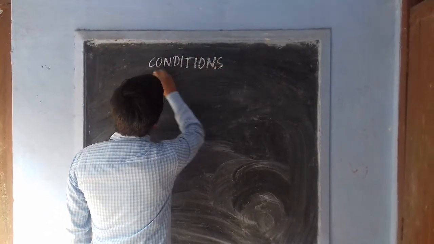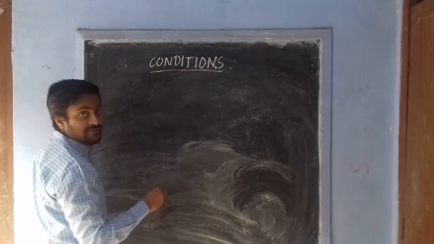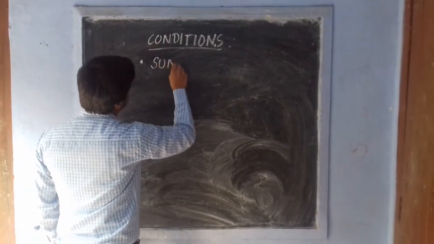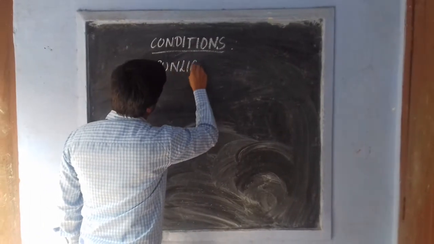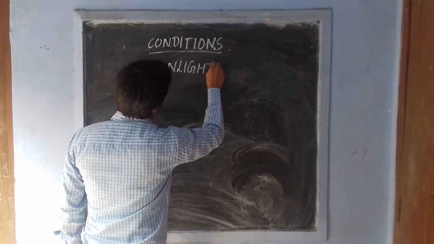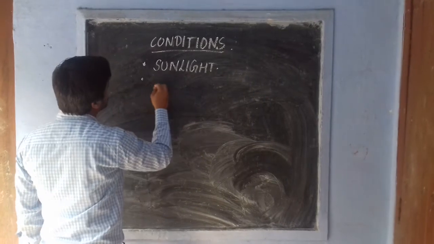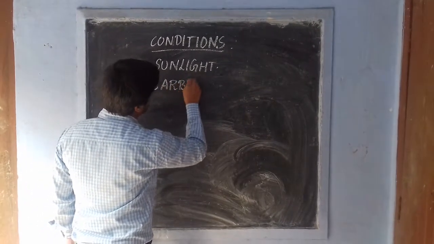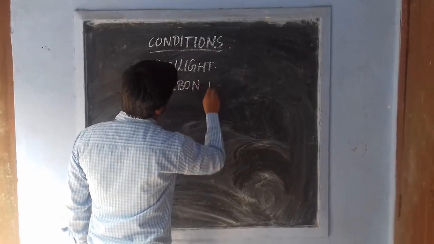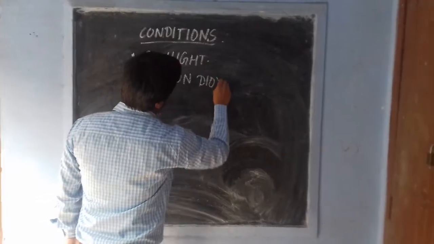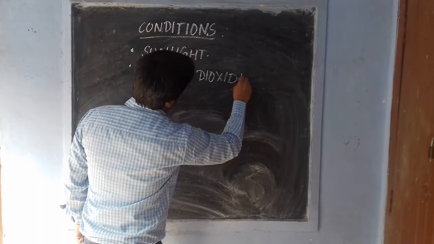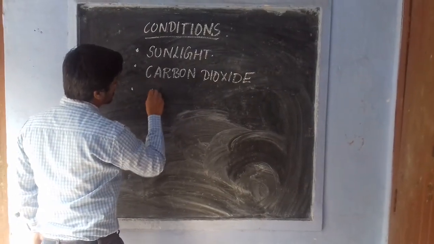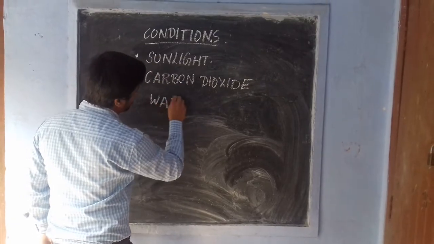What are the conditions which are necessary for photosynthesis to take place? First is sunlight. Second is carbon dioxide. Third is water.